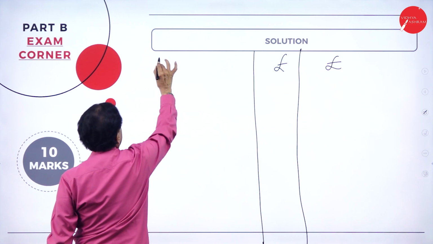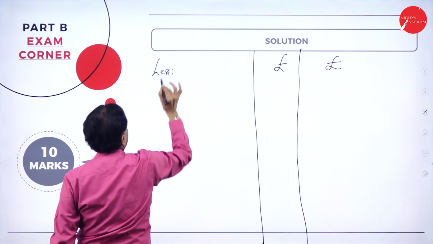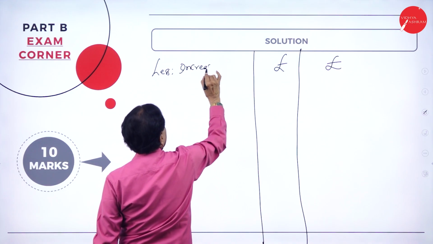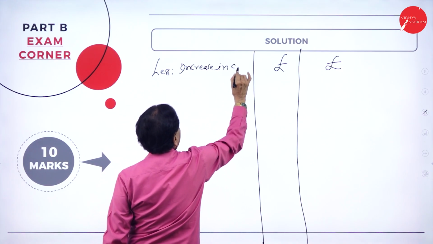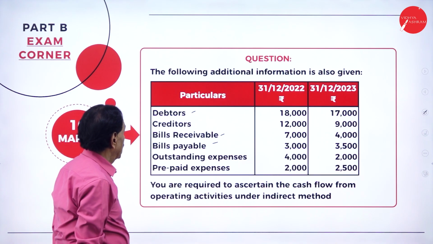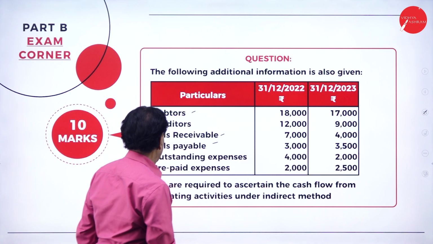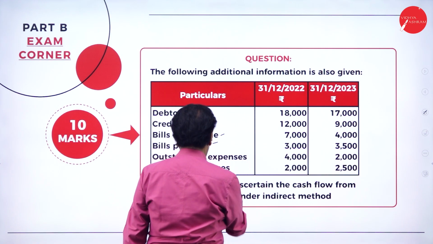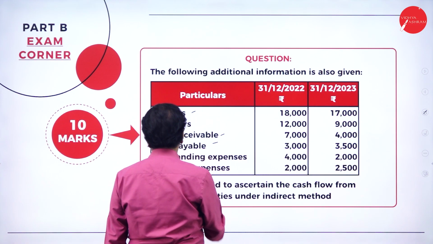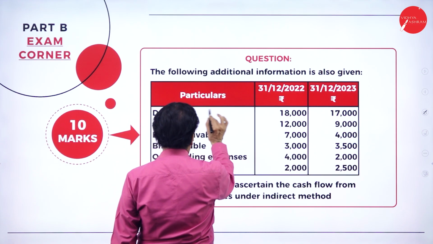Then less increase in current assets, current asset, prepaid expenses, debtor over.